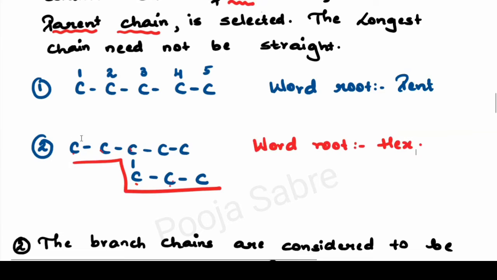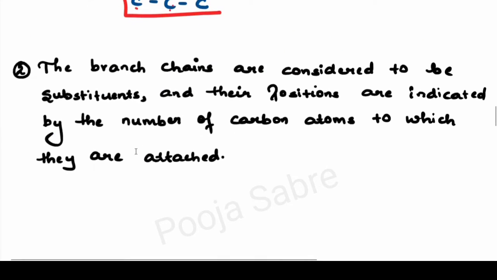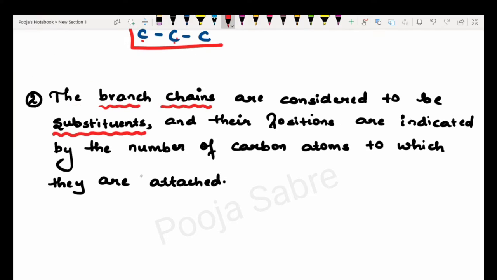Now the second rule says that the branch chains are considered to be substituents. Remember, children, the branching which is present on the longest chain, or in other words, whichever group is present in a compound apart from the longest chain, is named as a substituent.